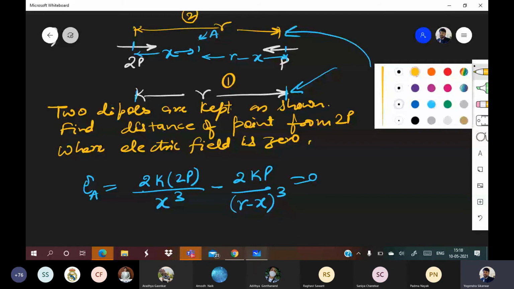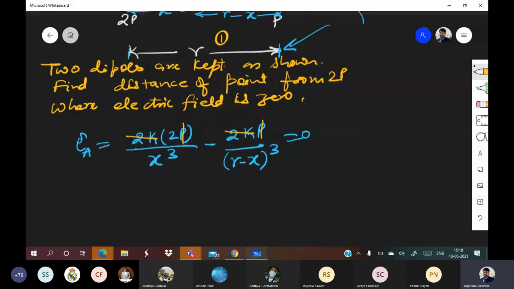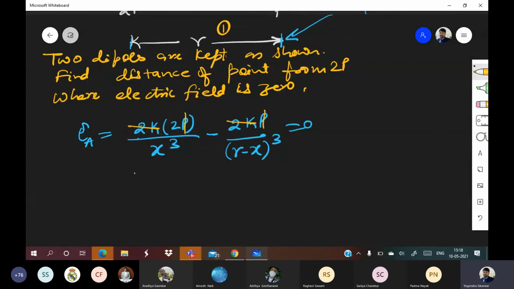Mind it. So 2k, 2k, p, p cancel. So 2 by x cube is equal to 1 upon r minus x cube. So we have to take cube root.